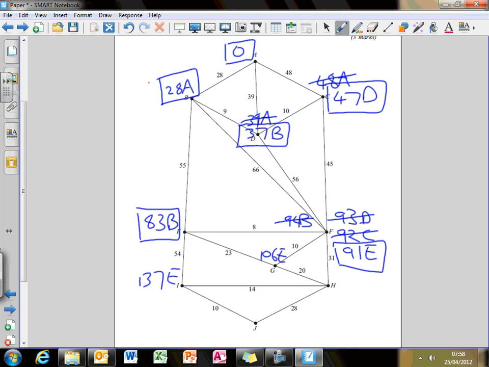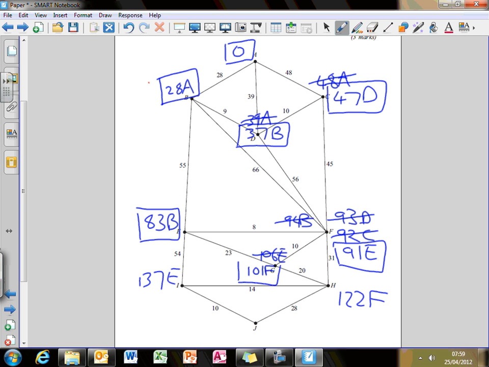Okay, now 91 plus 10 is 101, so I cross that out and put 101, and I've travelled from F. 91 plus 31 is 122, I think. Yep, 122, and I've travelled from F, and that's all I can do from F. So now I box the smallest number that hasn't been boxed so far, which is 101.